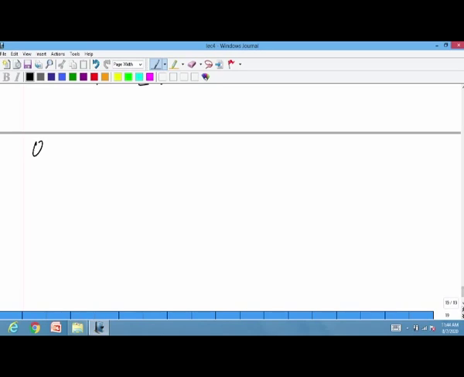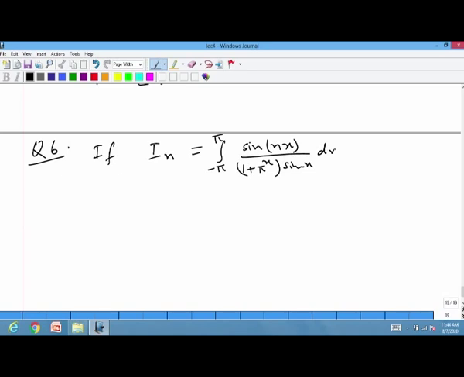Let us do question number 6. If I sub n denotes the definite integral from minus pi to pi of sine of n x divided by 1 plus pi to the power x times sin x dx, for n equal to 0, 1, 2 and so on. For every non-negative integer, we have defined I n to be this integral.